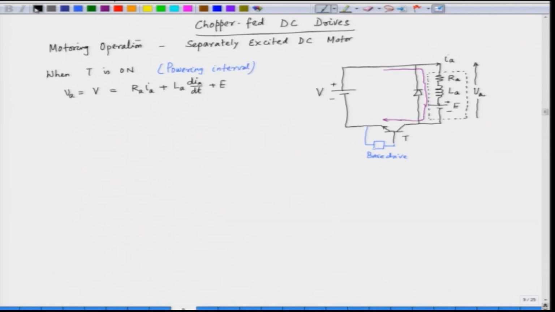After some time we switch off. When the transistor T is on, diode D is off; it is reverse biased.